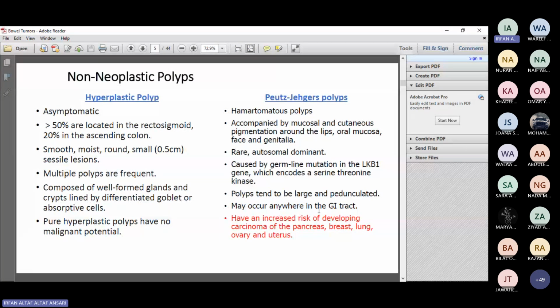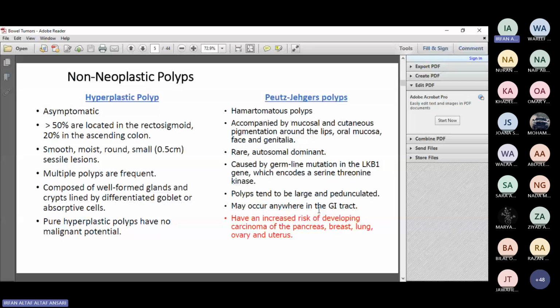They form a finger-like projection into the lumen. They are most of the time asymptomatic. The majority are located in the rectosigmoid and 20% of them you can see in the ascending colon. They are smooth, moist, round, small, 0.5 centimeter, and most of the time sessile, not pedunculated.